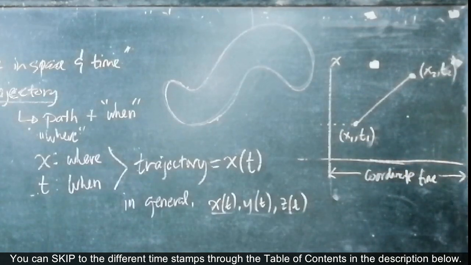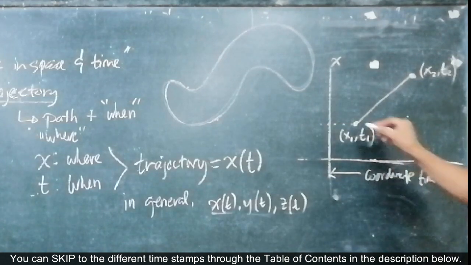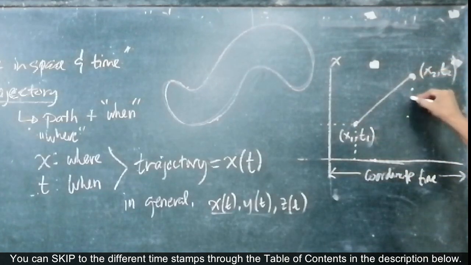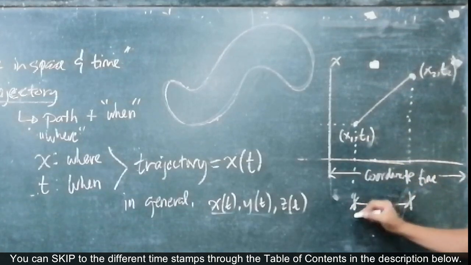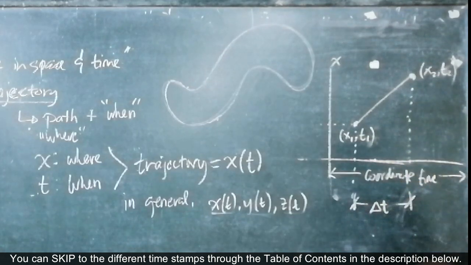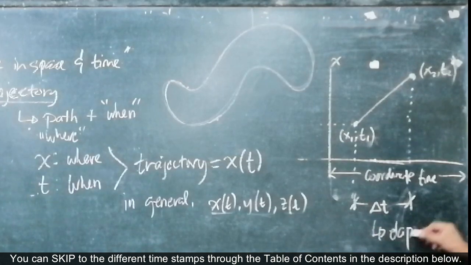Every point here is a coordinate time. But this one here, the difference, is what we call delta t, which is now the elapsed time.